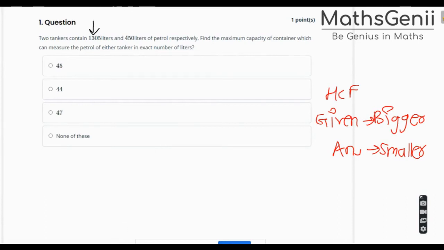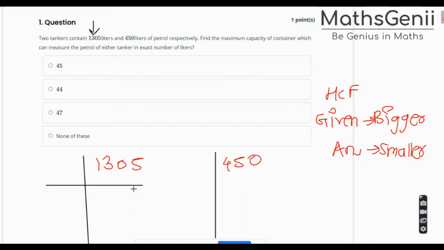How to find the HCF? First we will factorize both of these numbers. Factorization is very important, students. If you are not aware of factorization, you should practice. It's not very difficult. With practice you will get to know factorization.